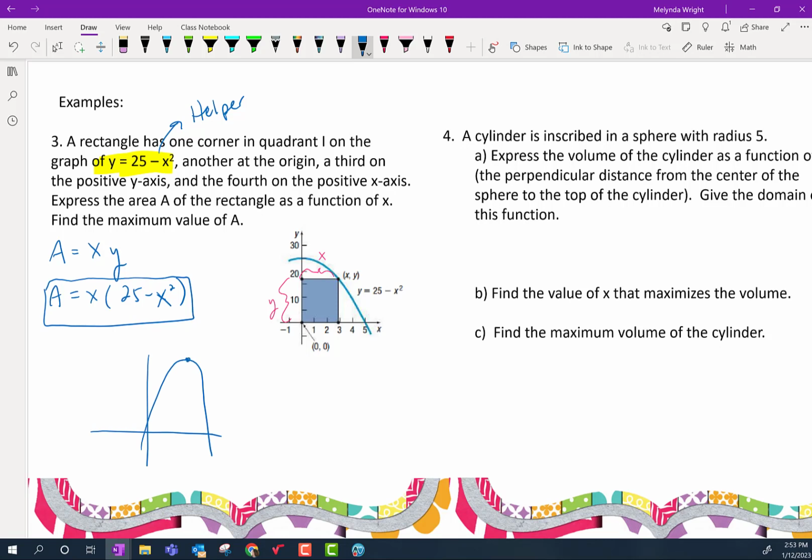And I found my maximum value. My maximum value was 2.8868, comma 48.1125. Okay, that's what I got off my calculator.